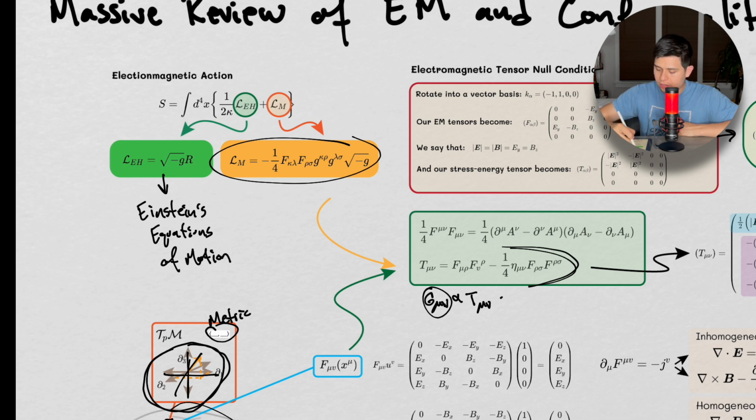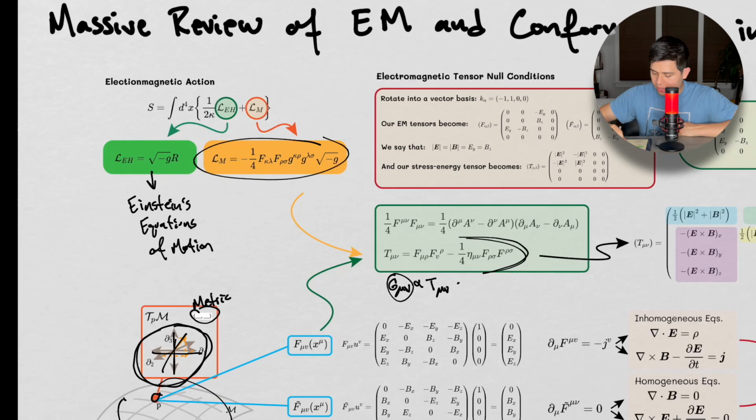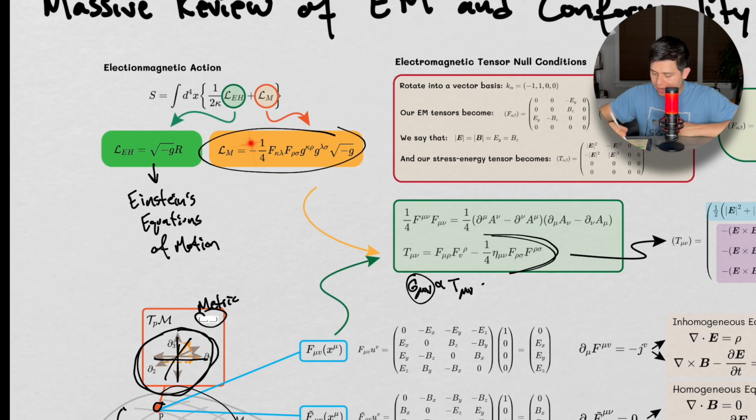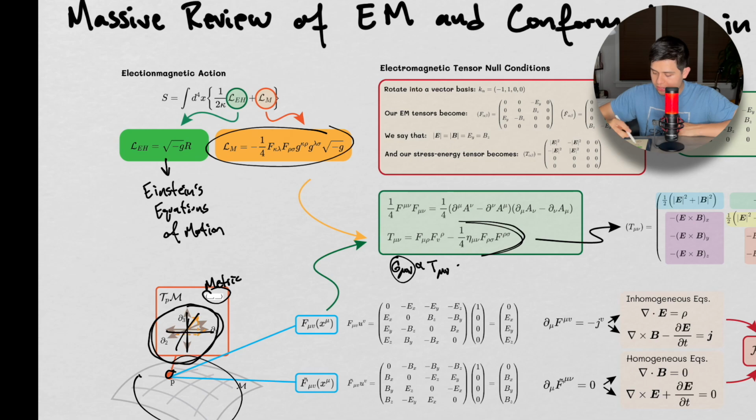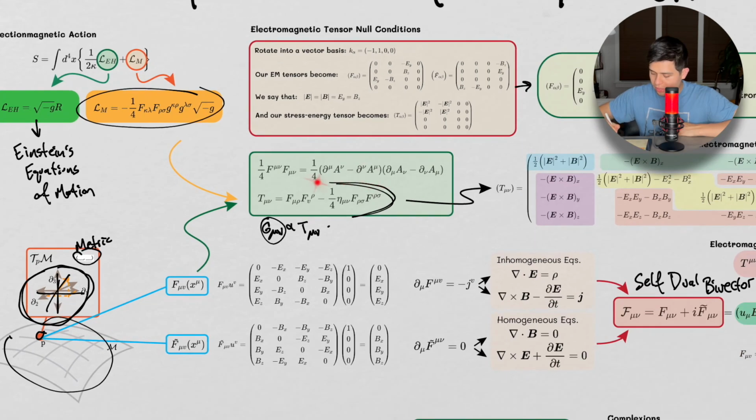And we also had, and so now we're hacking on this part here, this M part, or the Maxwell part. So the Maxwell part is this guy right here, and we were able to show that with this we can get this.